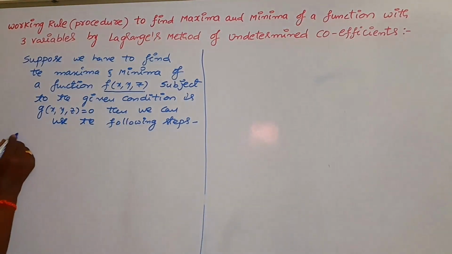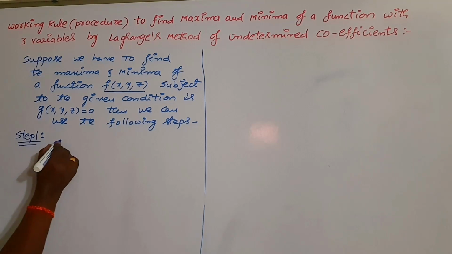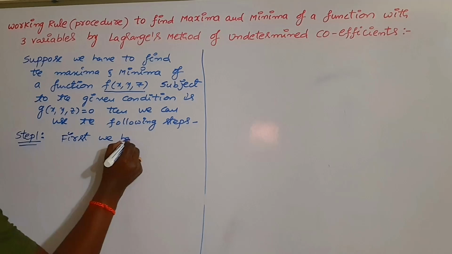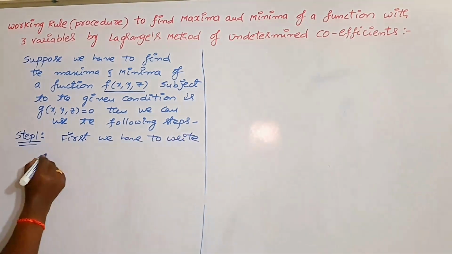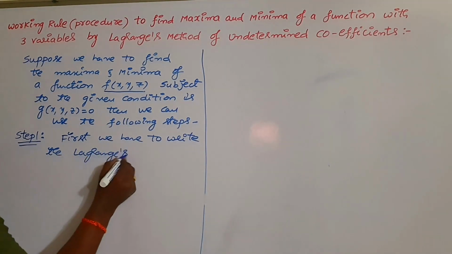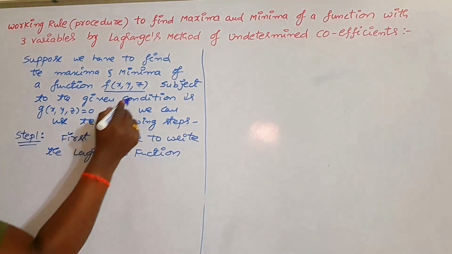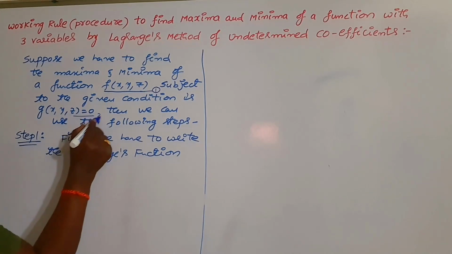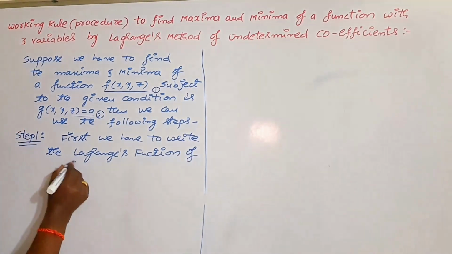So step 1. First of all, we have to write the Lagrange's function of given two functions. You can take the f of x, y, z as equation number 1 and the condition as equation number 2. Lagrange's function of 1 and 2 as below.